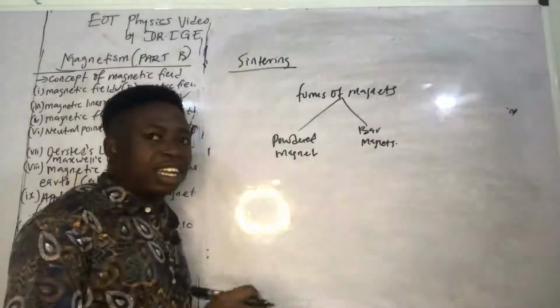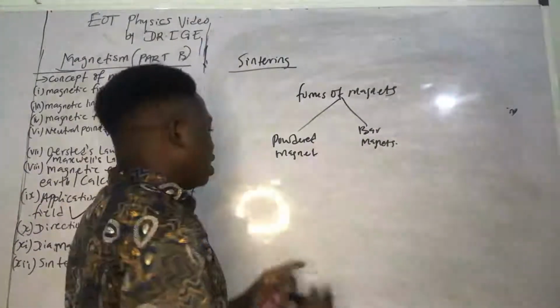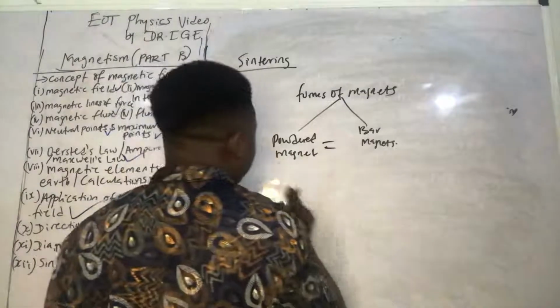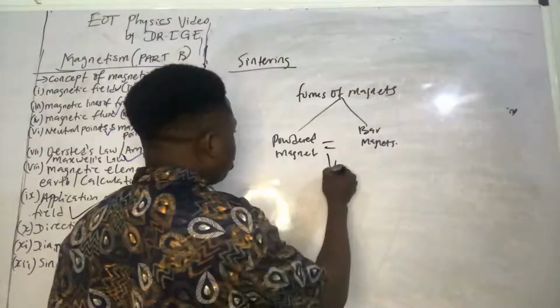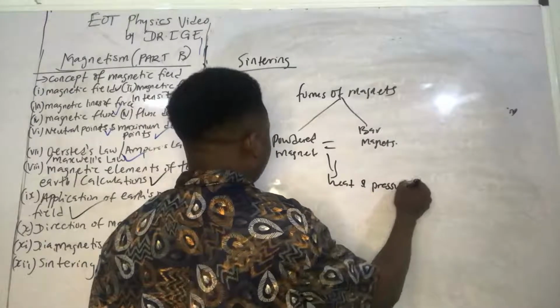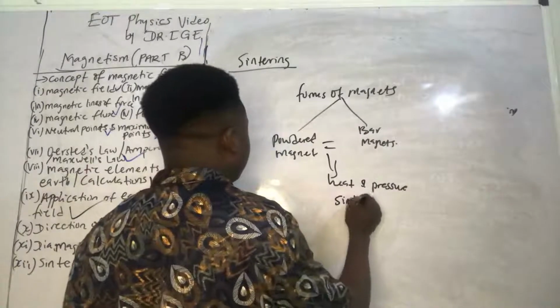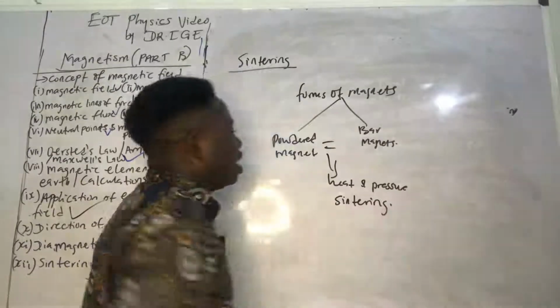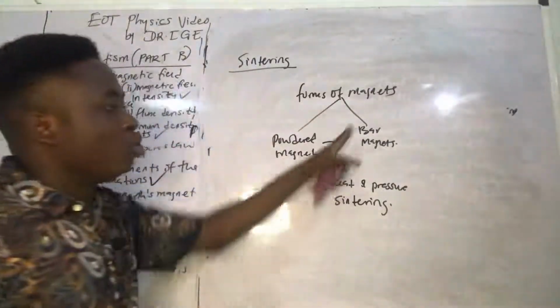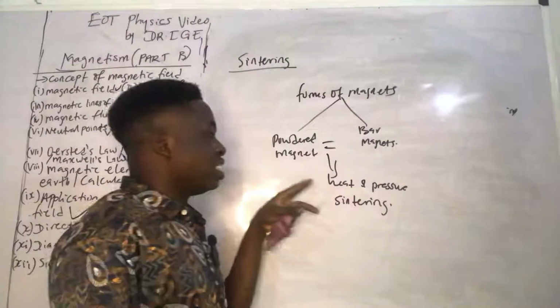You know how powder is, they are like in bits. Bar magnets are the ones like in blocks. So the process of converting powdered magnets to bar magnets through the application of heat and pressure is what we call sintering. If they ask what is sintering, sintering is the process of converting powdered magnets to bar magnets by the application of great heat and pressure.